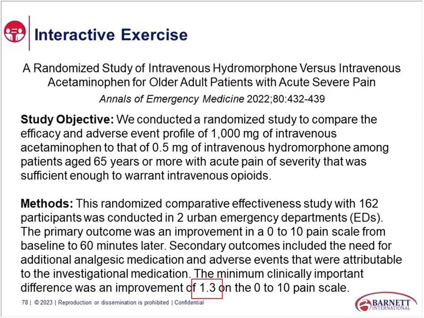A few studies actually pre-specify a clinically important difference. These authors did. So if we don't see a difference of 1.3, we don't consider that an important difference from the patient's perspective. So let's have a look.